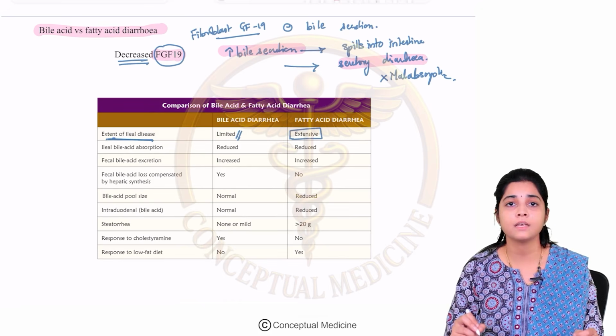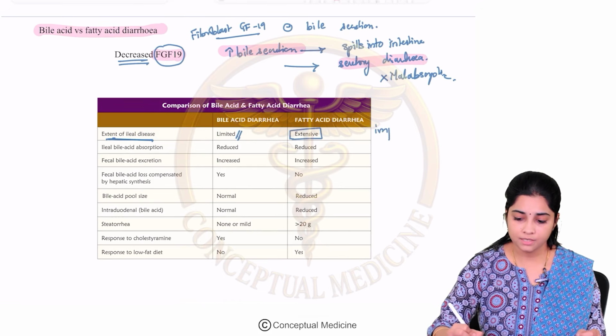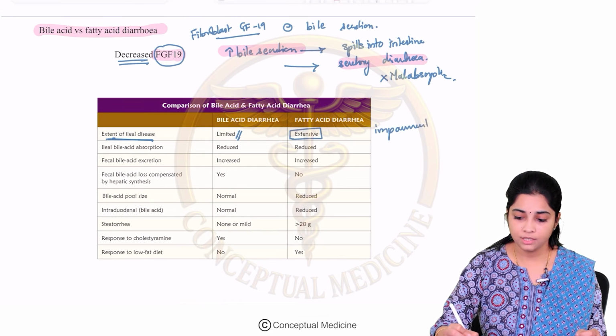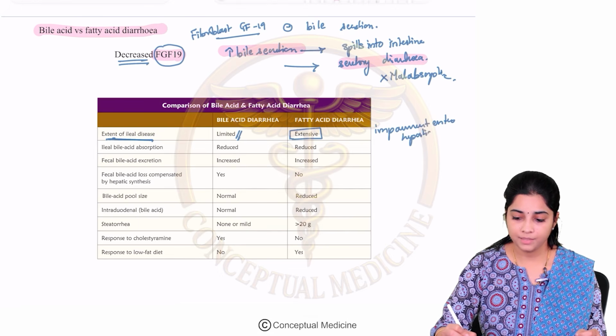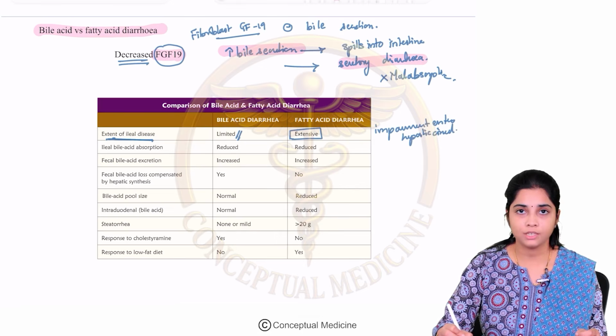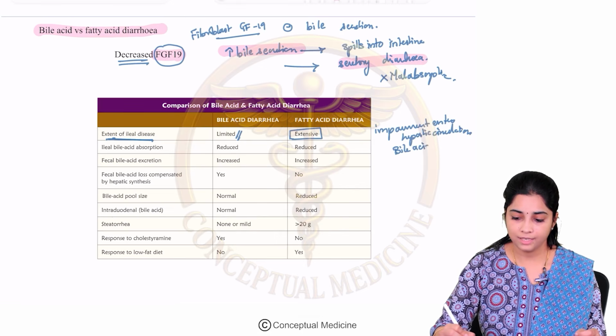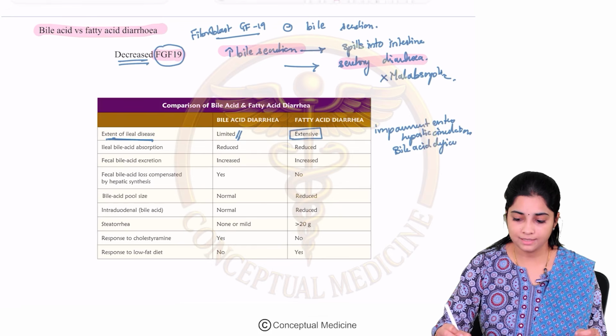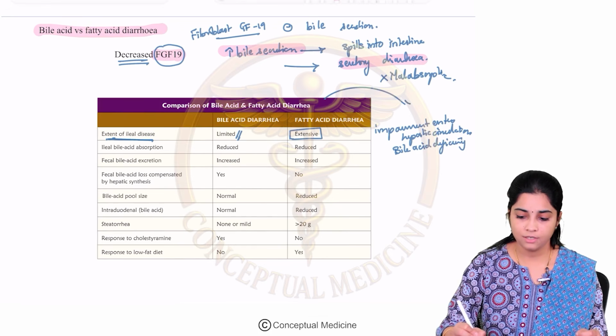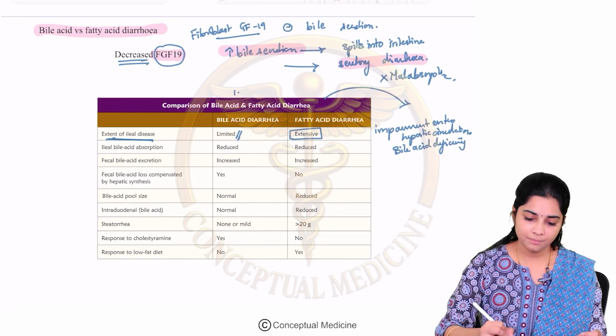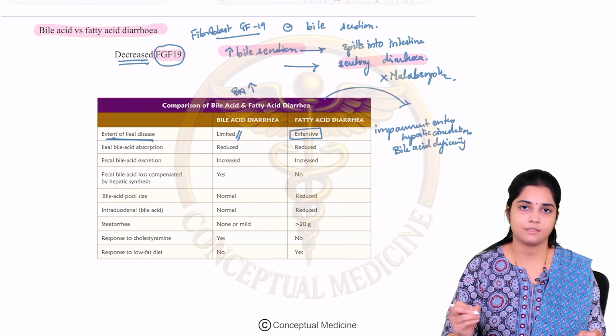Extensive ileal disease causing an impairment in the enterohepatic circulation, and hence there is a bile acid deficiency in your fatty acid diarrhea. Here the bile acids are in excess.